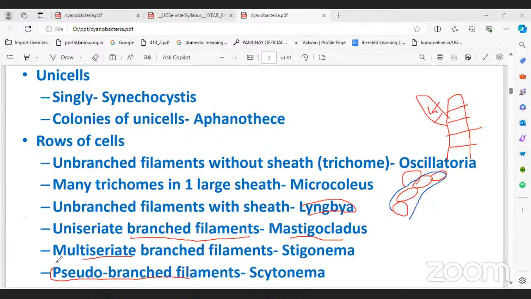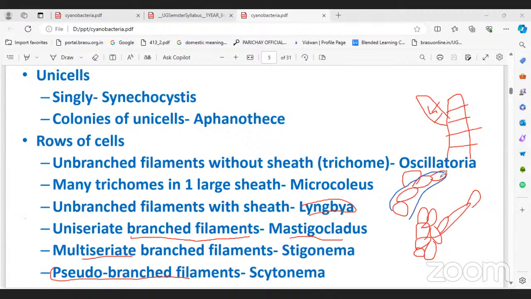So anyway, let's see the multiseriate. Multiseriate means cells are not uniseriate like this, cell above the cell, above the cell, and also beside it another group of cells, maybe two to three rows like this, and branched, with branches.